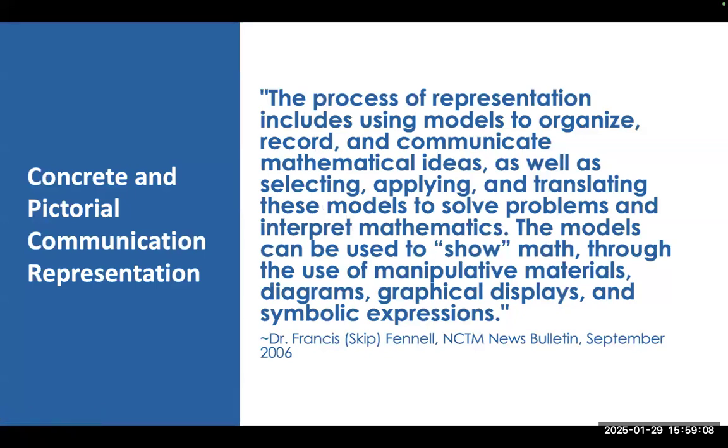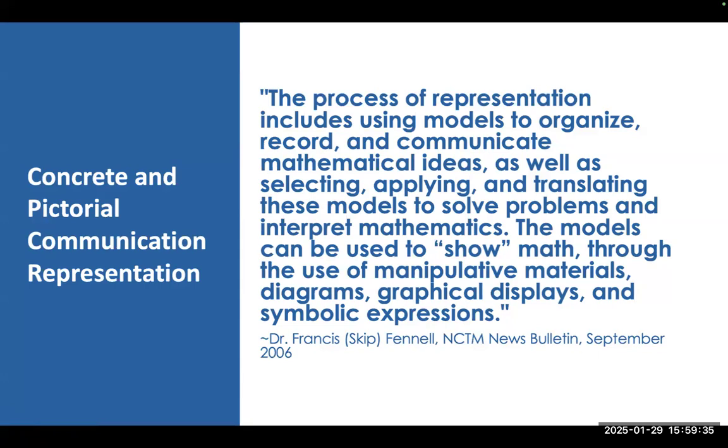What we want to pay attention to, though, is always providing opportunities for students to learn in different ways and to choose the ways that are most significant to them. But initially, they need to be shown how to use materials to help them develop understanding. So this is a quote by Dr. Francis Fennell.